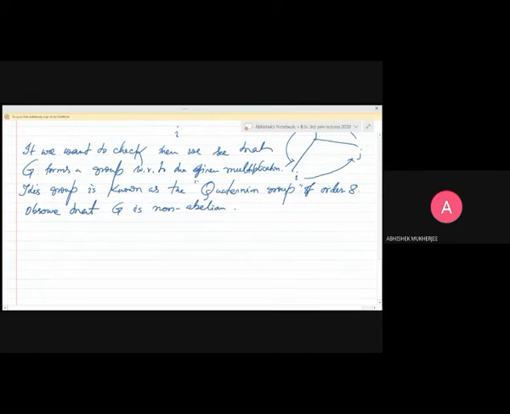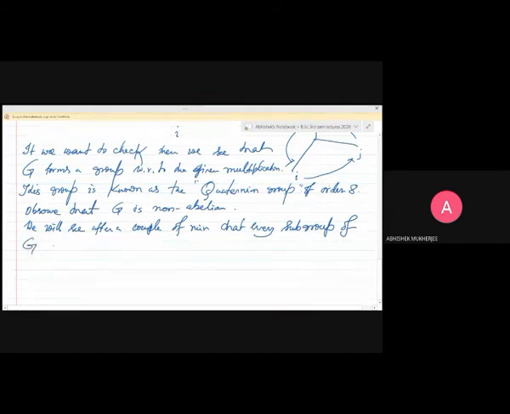Fine. And this group has the special property that any subgroup of it will be normal. And we will see after a couple of minutes that every subgroup of G is normal.